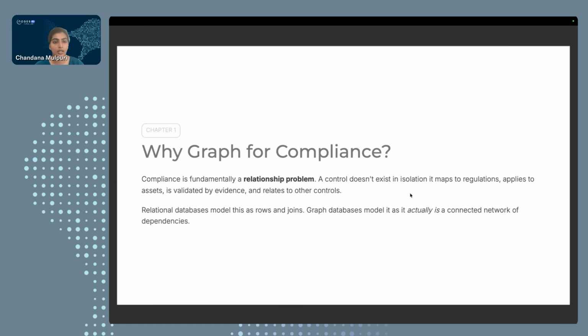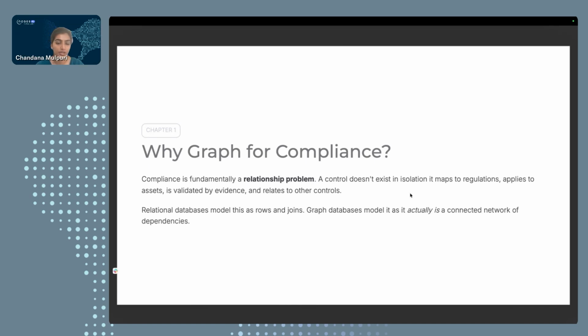So why graph for compliance? Compliance is fundamentally a relationship problem. A control doesn't exist in isolation. It maps to the regulation, where regulations play an important role and apply to assets, and are validated by evidences, which also relate to other controls.